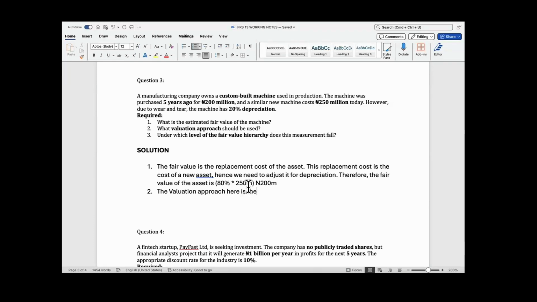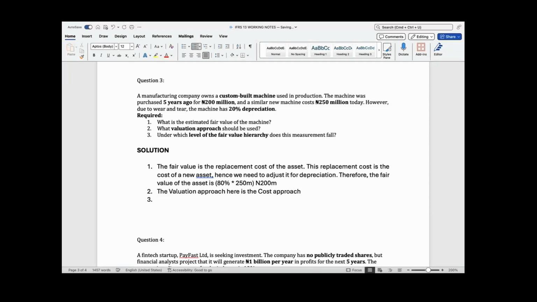So what are we using here? Cost approach. Thank you very much. That's the cost approach using replacement costs. So what's the level of hierarchy here? Level 2. Yeah, that's correct. The fair value level of fair value hierarchy.